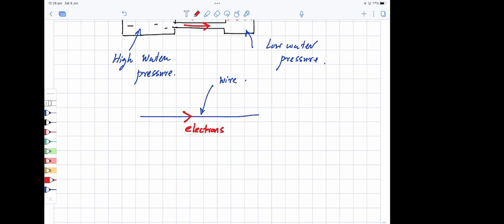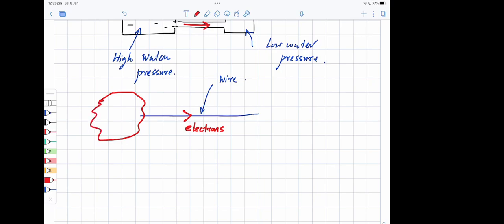If electrons are flowing in this direction, something here should be high and something here should be low.